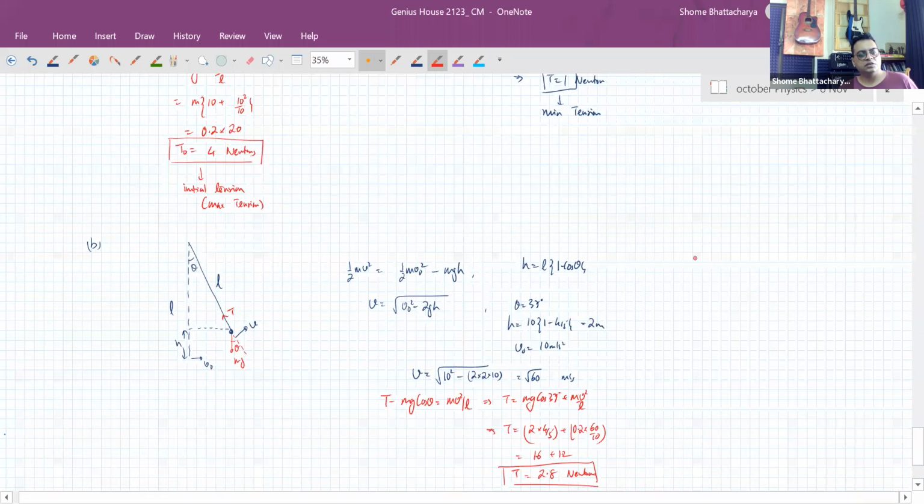But similarly for the C part, you can take theta as 53 degrees. So your V will become square root of 100 minus, so H will become 4 meters.